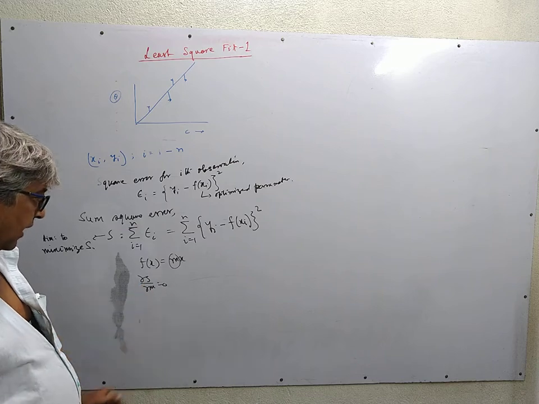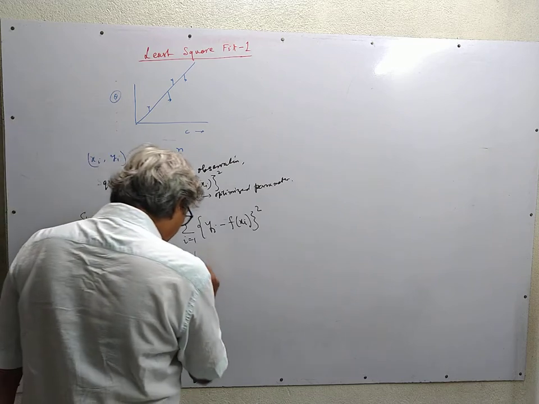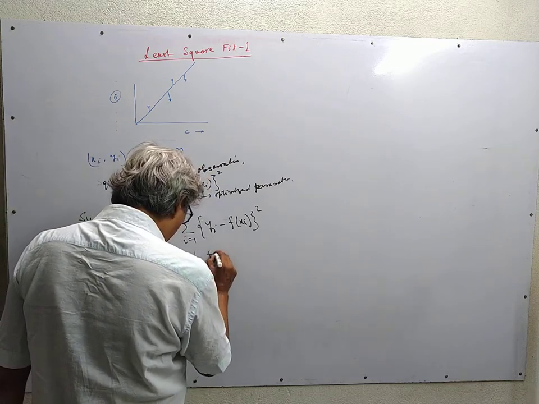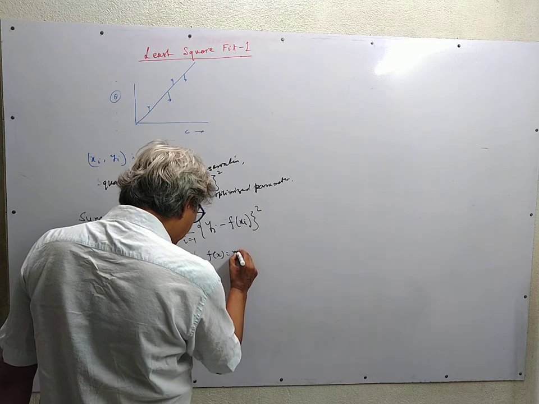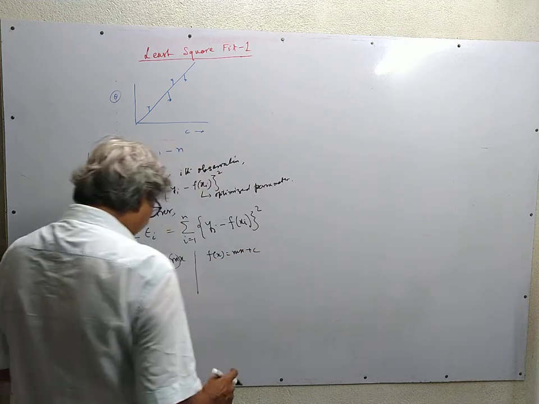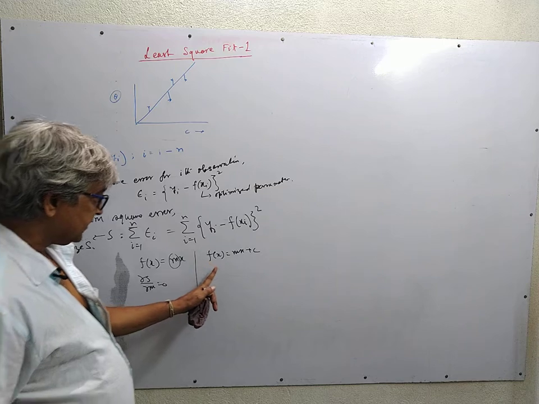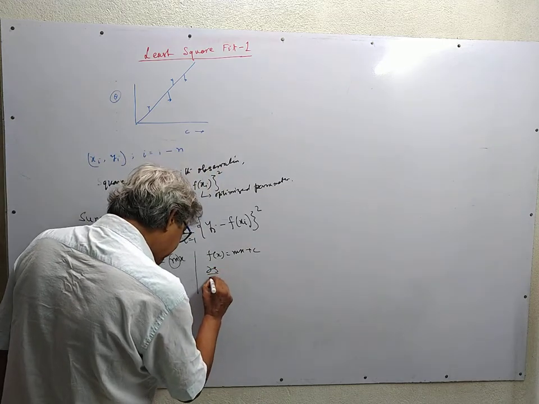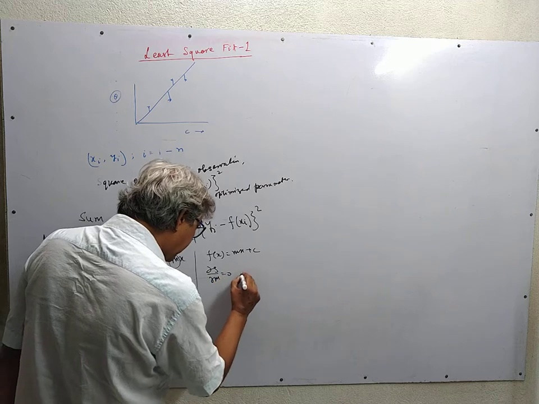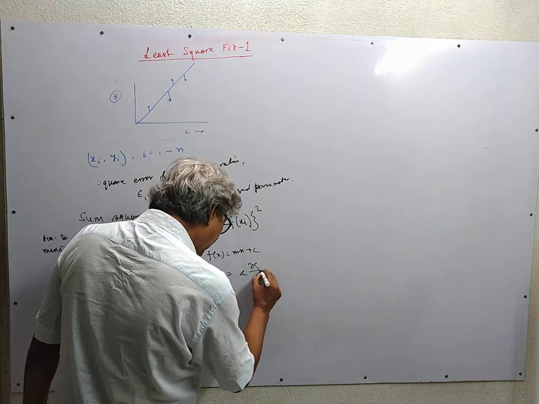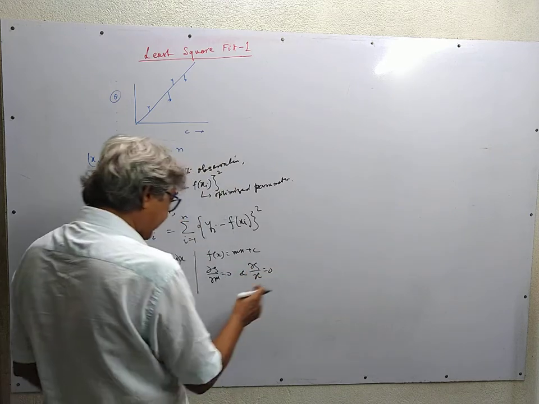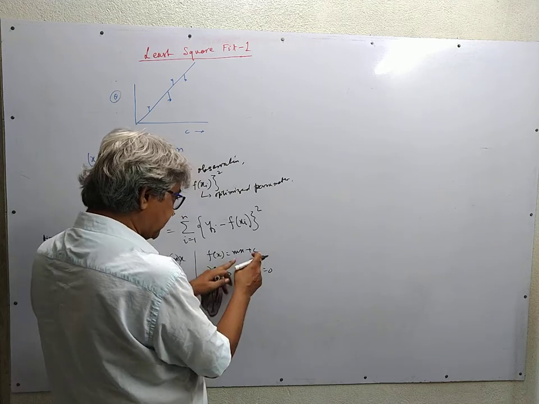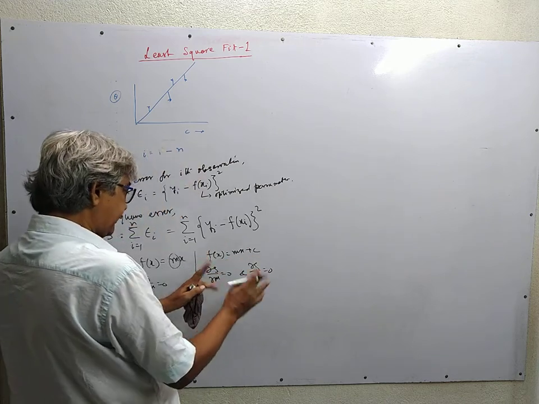I am coming to this. If we assume f to be mx plus c, it is a straight line with an intercept, not passing through the origin. Then we set del s del m equal to 0, one equation, and del s del c equal to 0, another equation. So there are two equations and two unknowns which can be determined.